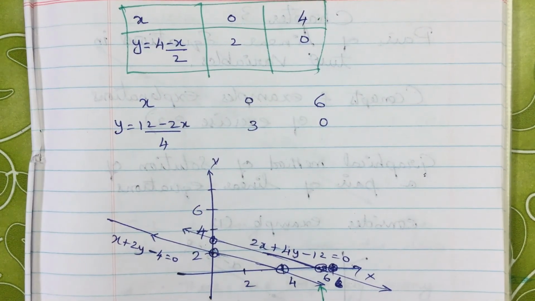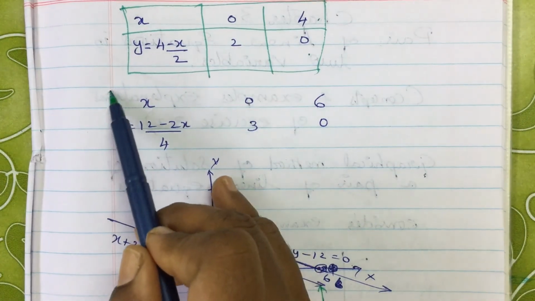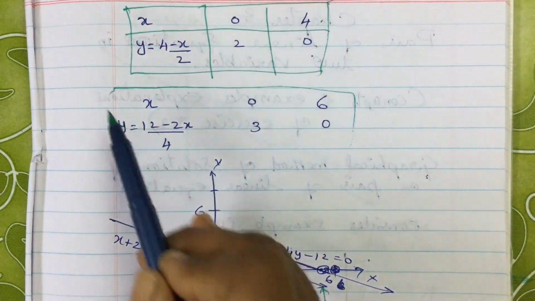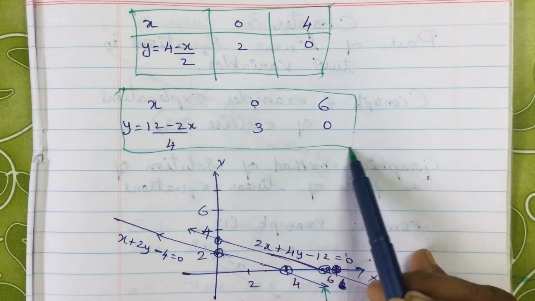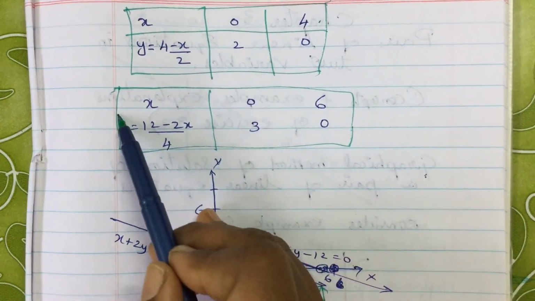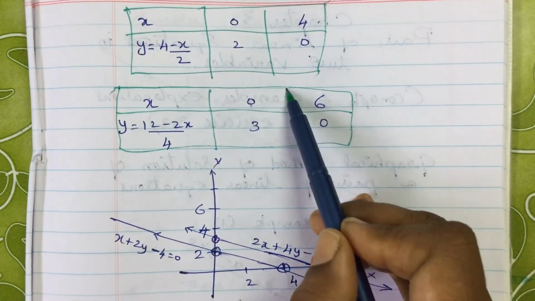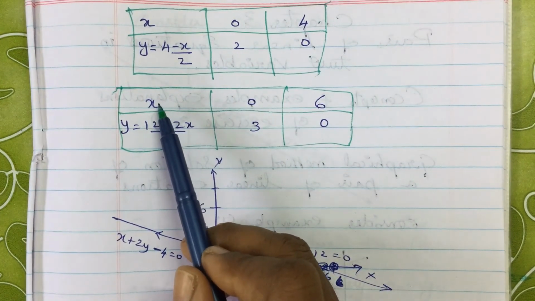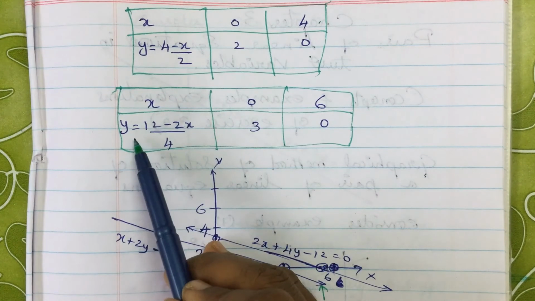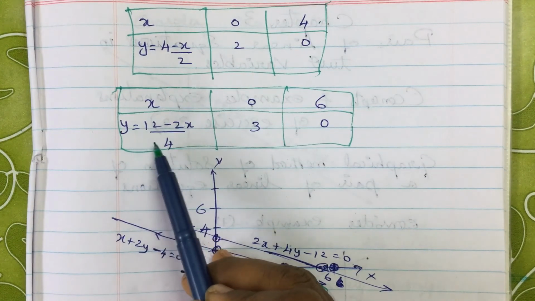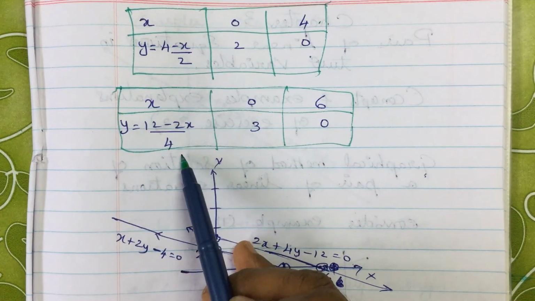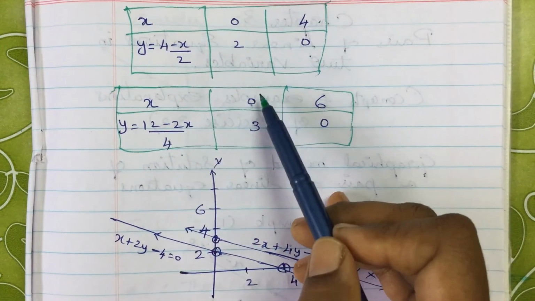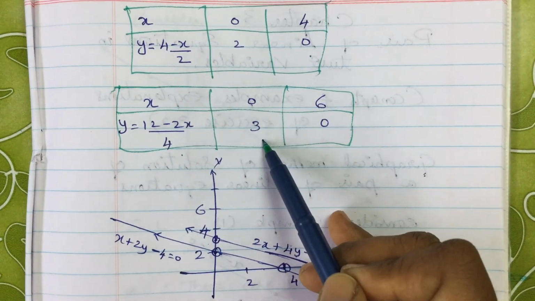Similarly, you form the table for the second equation also. I have taken values for x randomly. From the second equation I have written y as 12 minus 2x divided by 4. Then I substituted x as 0, I got 3 for y.